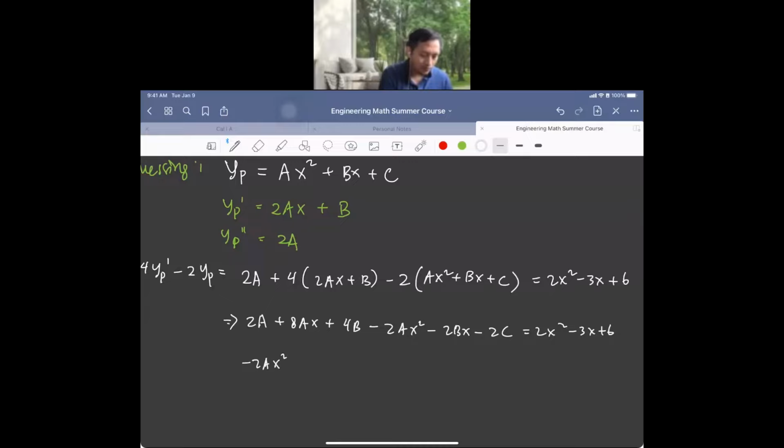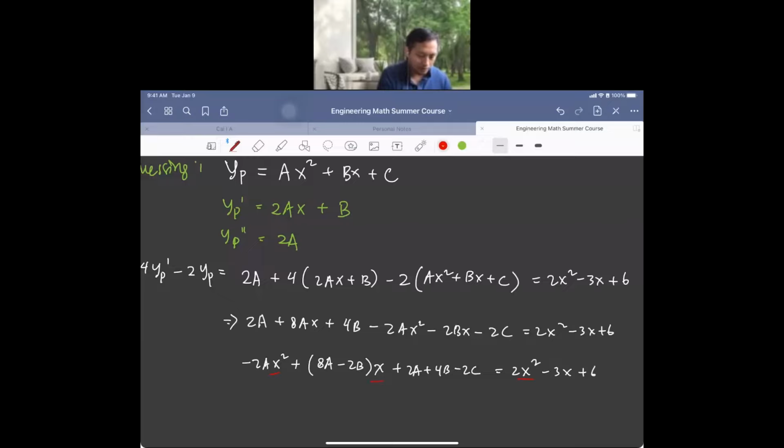Grouping, we get negative 2ax squared plus (8a minus 2b)x plus (2a plus 4b minus 2c).